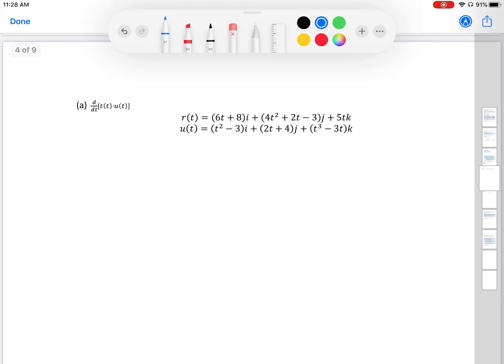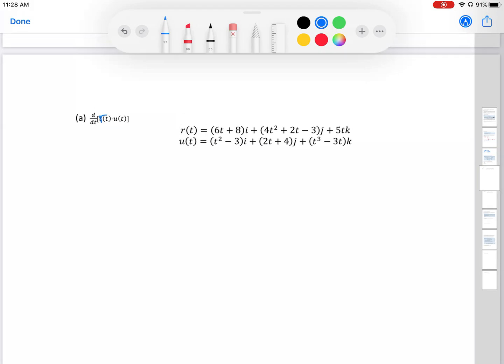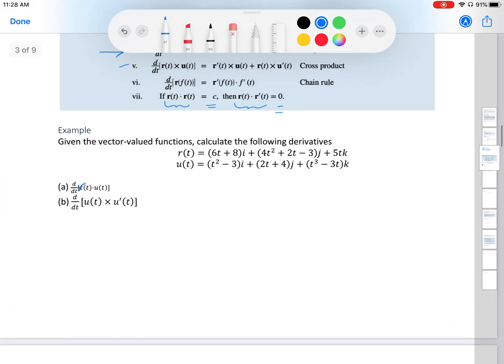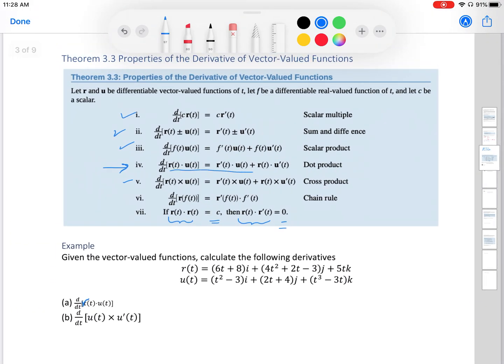Okay, so here we have it, and I want to find the derivative of the dot product of r of t and u of t. According to our definition right above, for that dot product, I need the derivative of both of them, right?